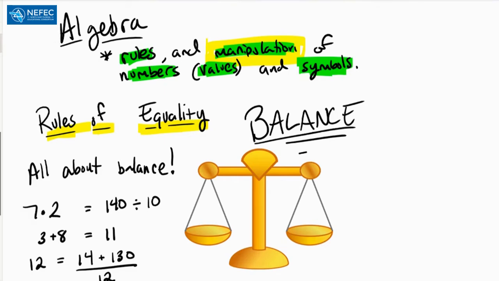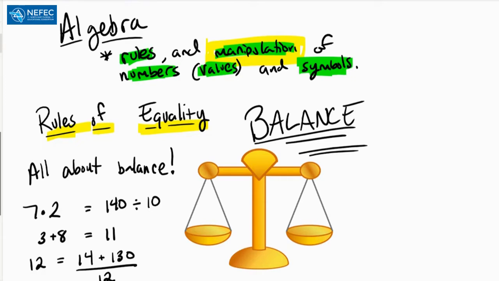In algebra, when we're manipulating, it's all about balance. We want to make sure that everything stays balanced, and when we talk about equality and moving things around, we want to maintain whatever balance we're starting with.